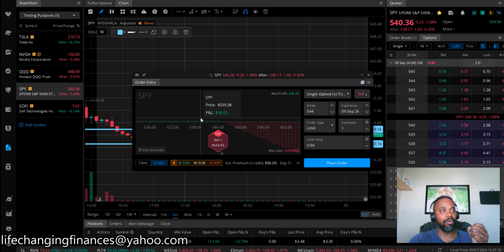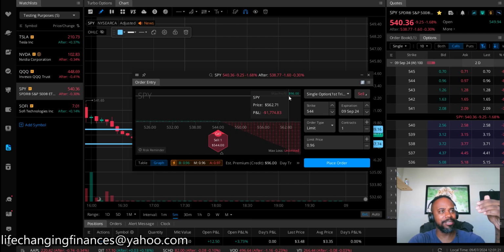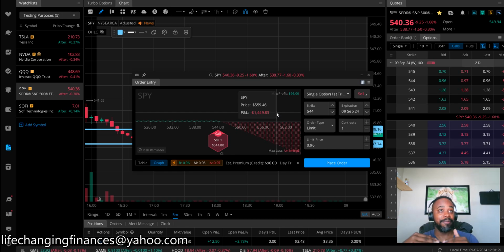What this essentially means is if the price does not go above $544 by expiration date, you're going to collect a premium of $96. If it doesn't go above that strike price. But if it does go above that strike price and it expires, then you are going to be forced to sell your shares at expiration, but you still will profit, if that makes sense.